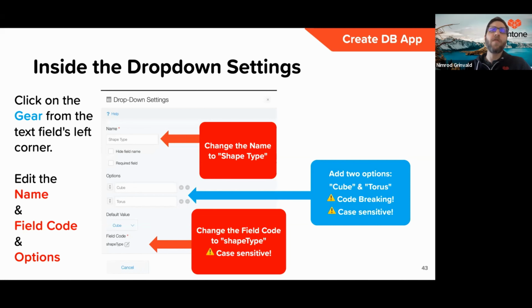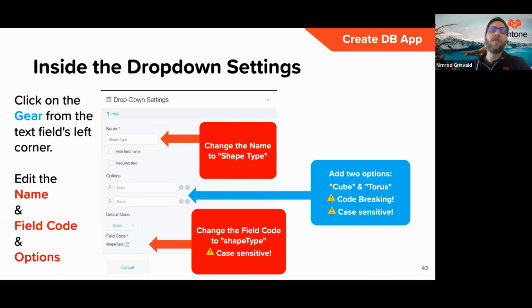Once you've made those changes, we're going to go into the number field and we're going to edit the number field settings. Here's what you need to do. First, so you're going to do this 3 times. First, you're going to change the name, and it's going to be length. For the second and third times you do this, the values will be width and depth.